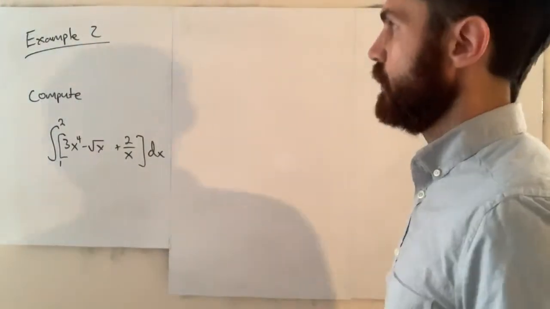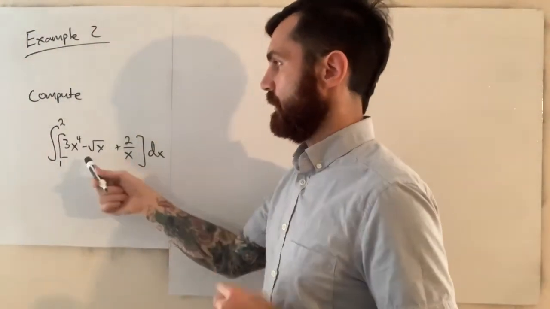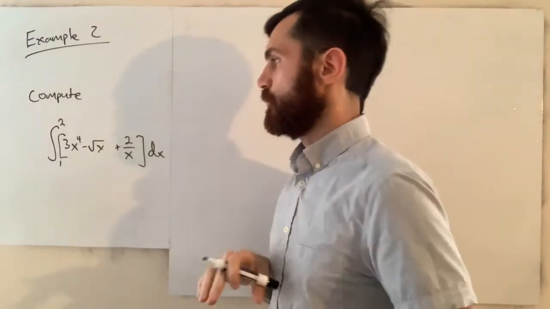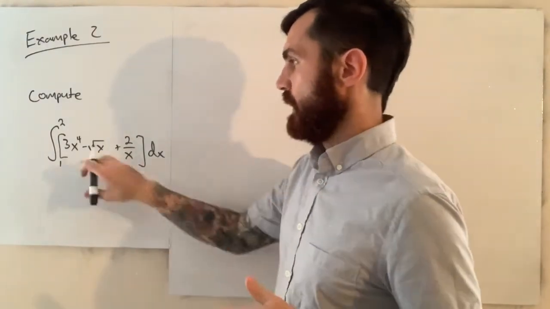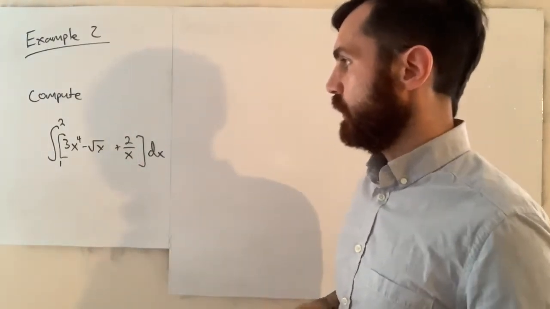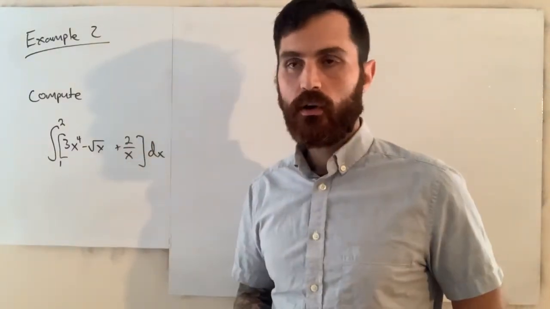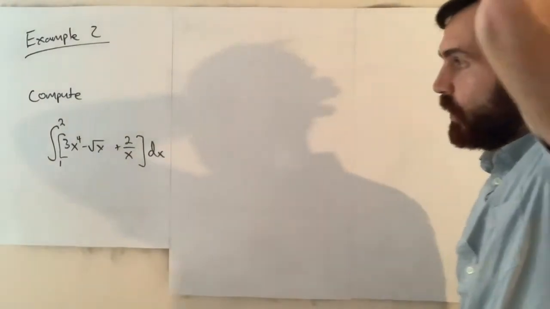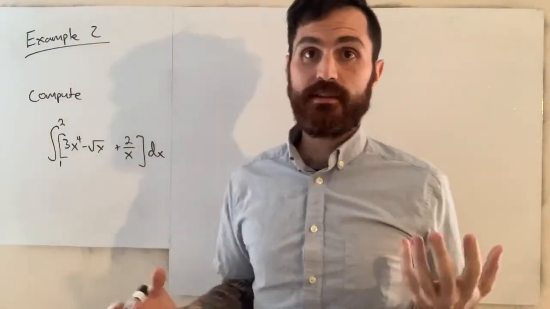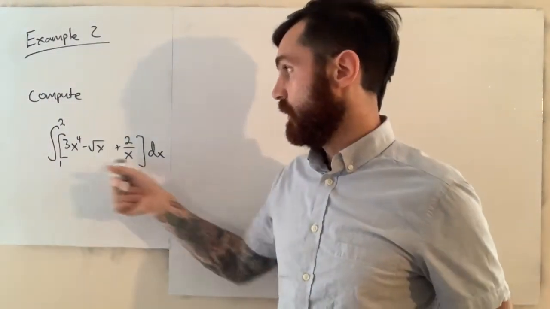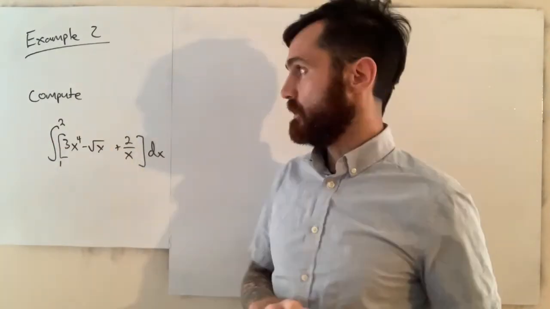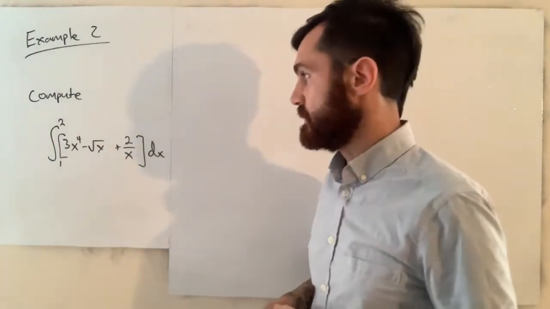Okay, so here we are given kind of this crazy function here, 3x to the 4th minus the square root of x plus 2 over x, from 1 to 2. And the first thing we want to do is make sure that this is actually a continuous function over this interval, because if it isn't, then it doesn't really make sense.